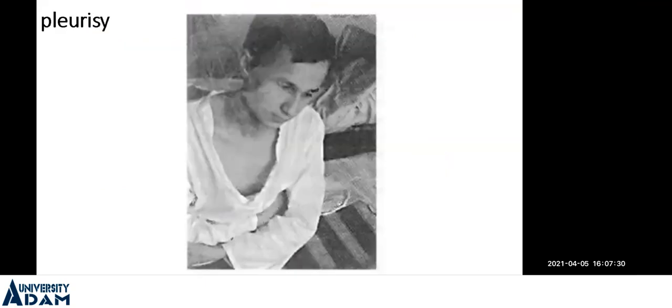Here is pleurisy again. So the patient can hug the chest with the hands like this and lean a little bit forward, also to decrease the pain of the two pleural layers.